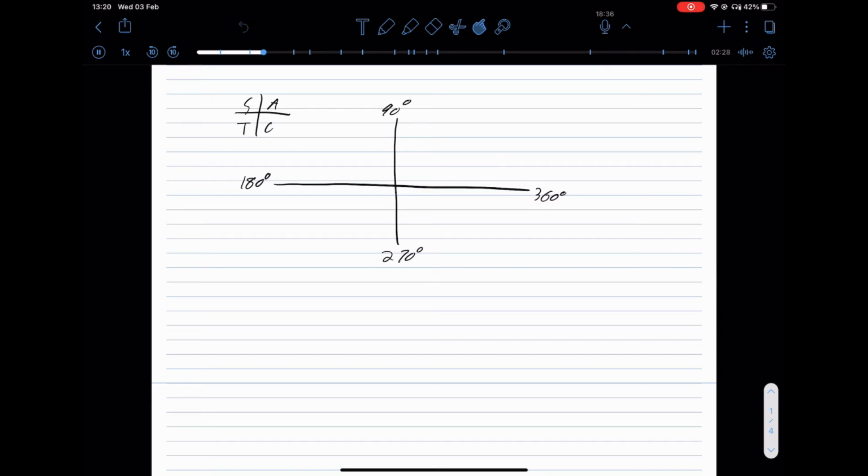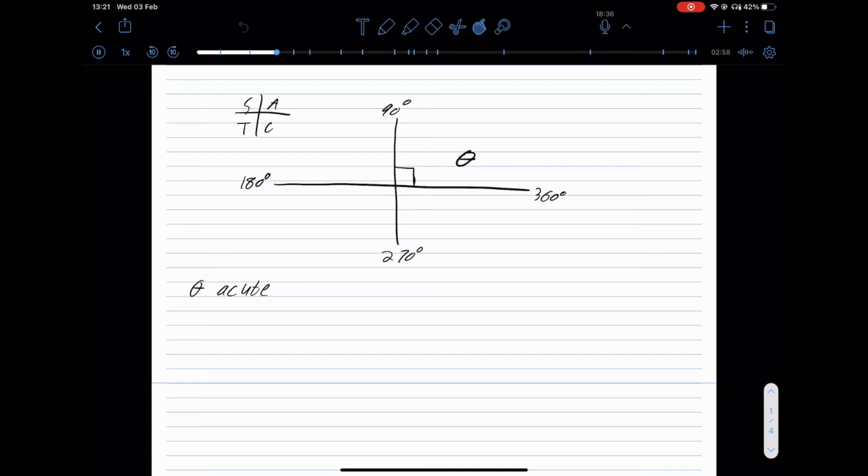So in this quadrant, we'll just represent an angle as theta. However, we always want to get an angle to be reduced into this sort of quadrant. So we want theta to be acute, so less than 90 degrees. Or even if it is 90 degrees, that's also okay.